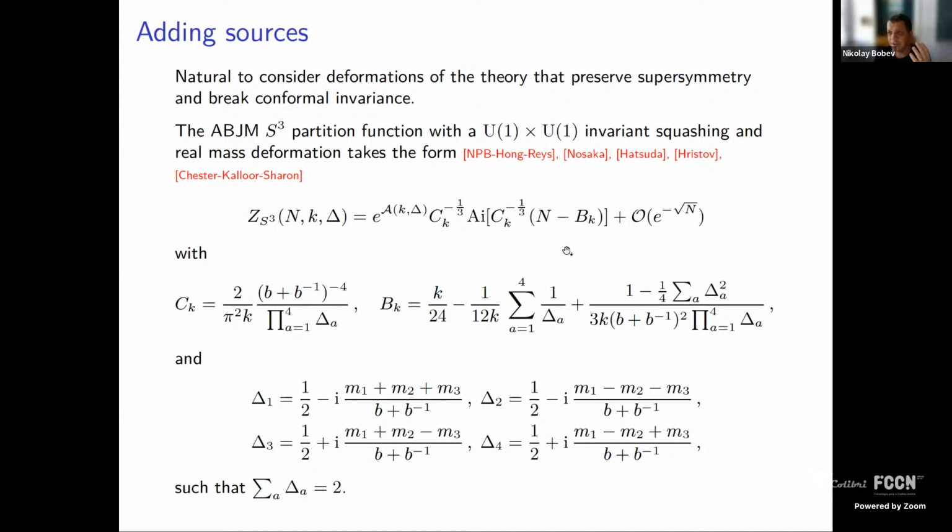We have ideas, but let me get to them in the conclusions. At the moment, I don't have a good answer. The shift is morally the same: there's a k over 24 and then a 1 over k piece with some coefficient, but the coefficient changes when I change from S3 to S1 times the Riemann surface.